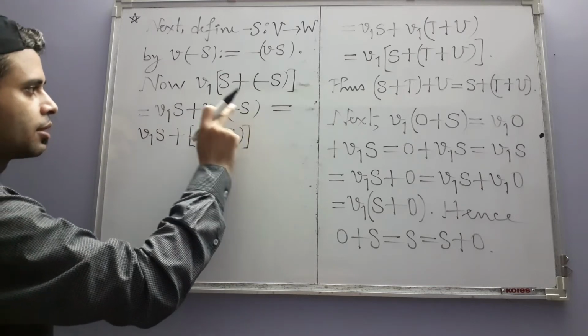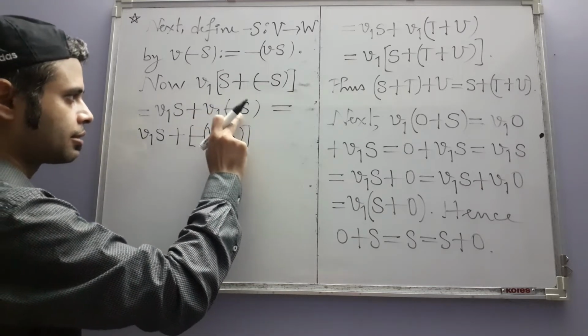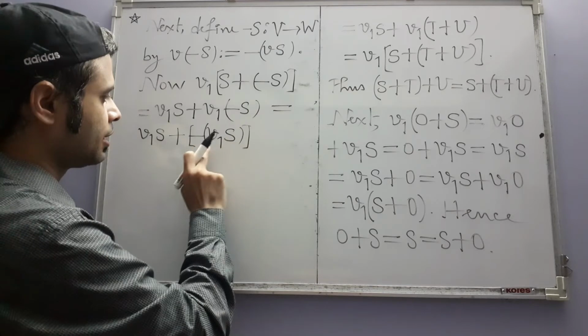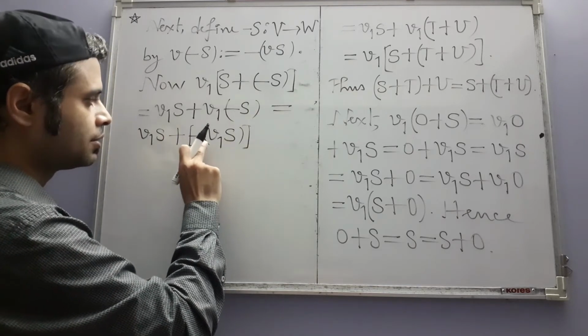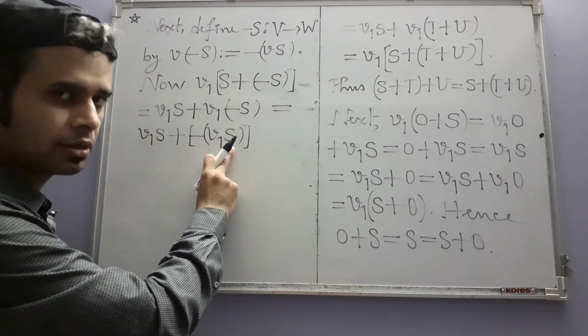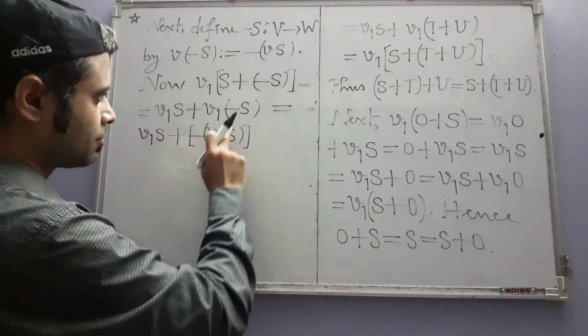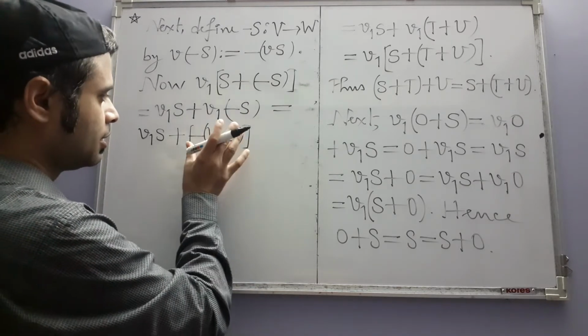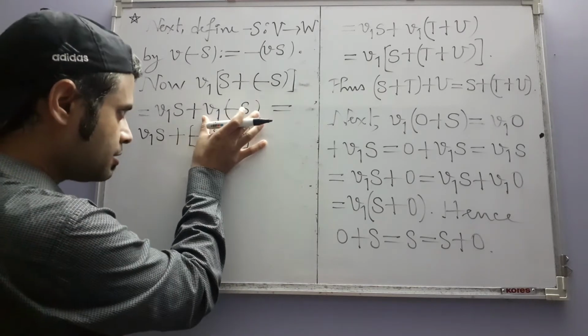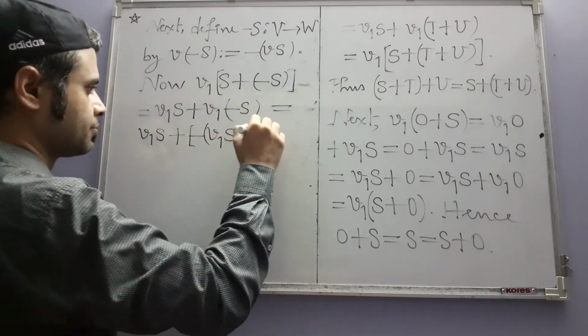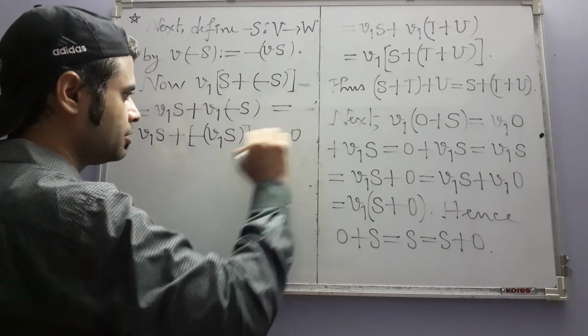Note carefully that the brackets are being used here in a very specific manner. This means the image of v1 under the function minus s, and this means the negative of the image of v1 under the function s. Those actually are two different things, but because of the way we have defined these things, the meaning of this is just this, and this is simply 0.